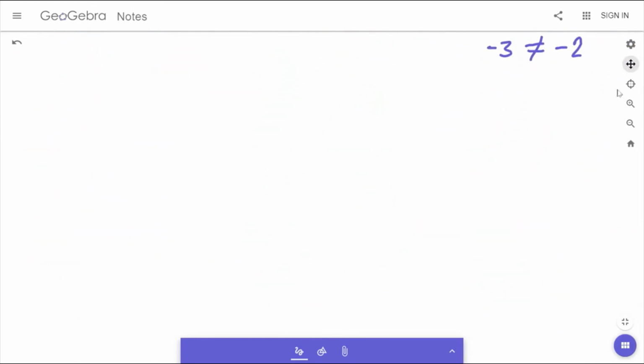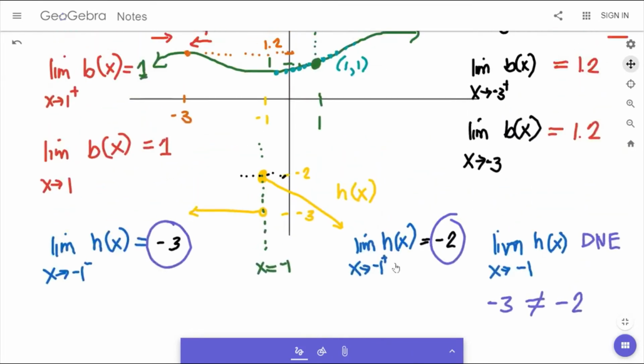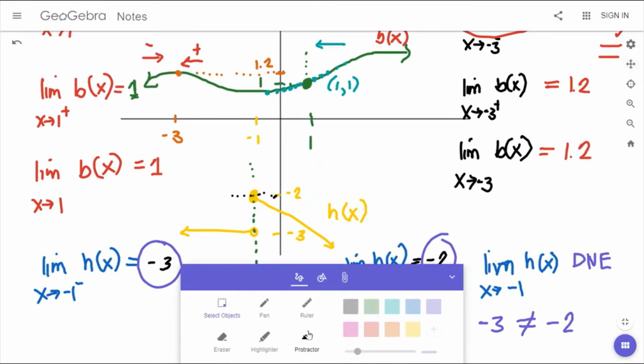Okay? Pero there is also another case wherein, what if, okay, ito yung special case na minsan nalilito yung karamihan. Let's say this is 2.